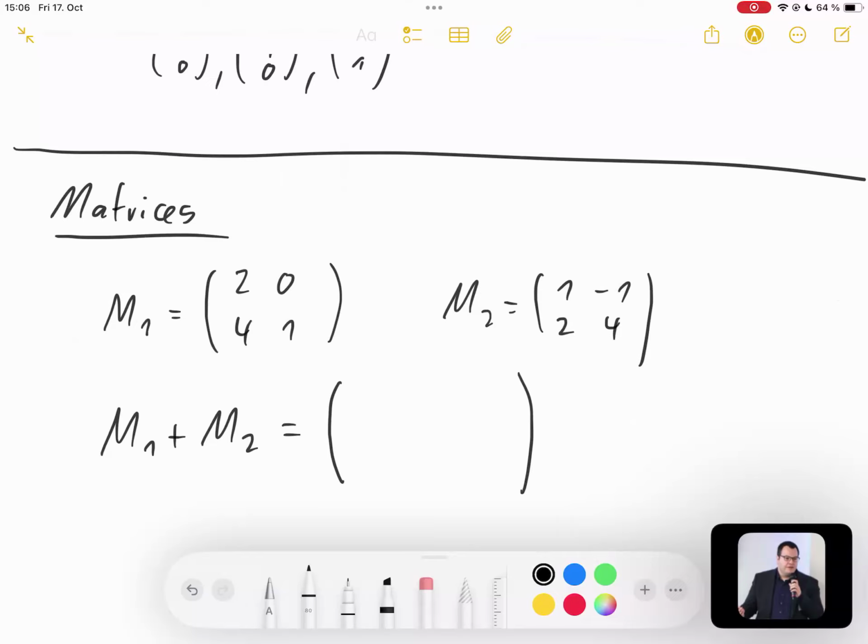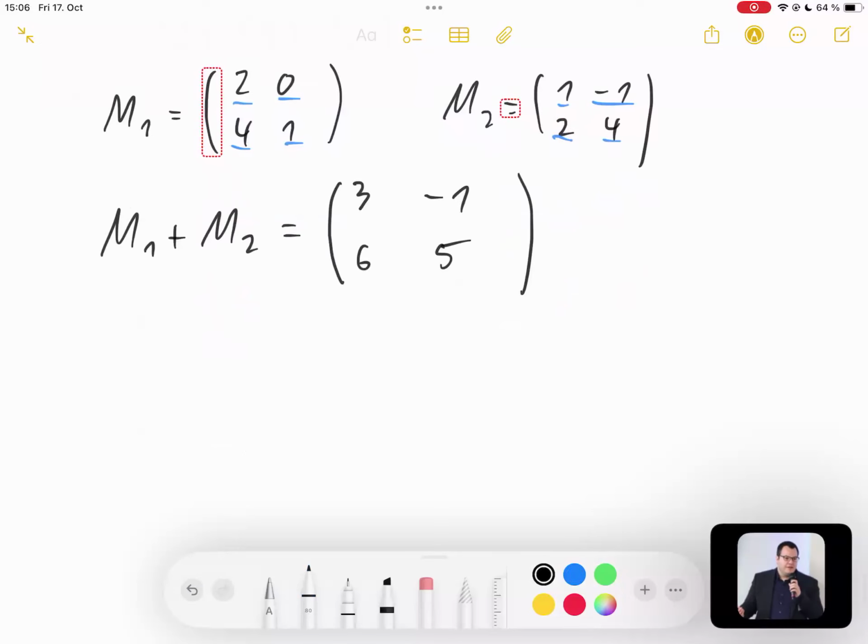I'll wait for you to calculate the sum of these two matrices. So it's again element-wise, so 2 plus 1 is 3, 0 and -1 is -1, 4 and 2 is 6, and 1 and 4 is 5. So we can just sum these two matrices.